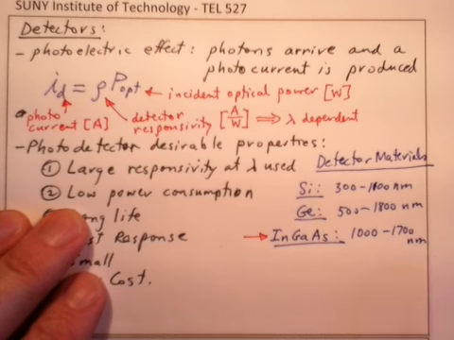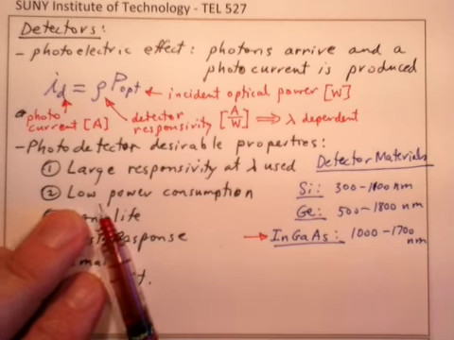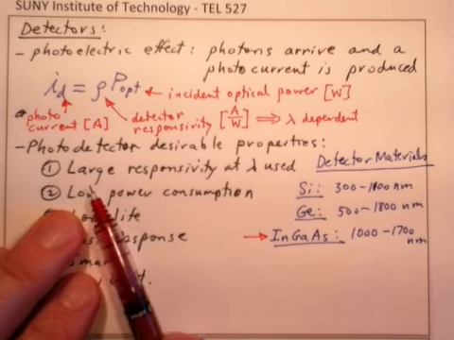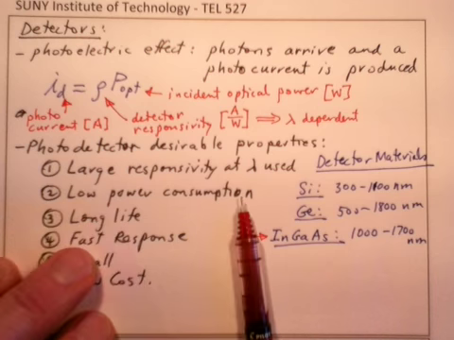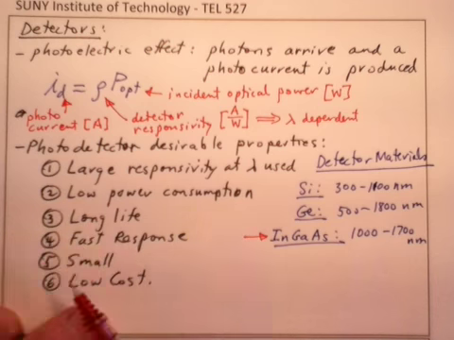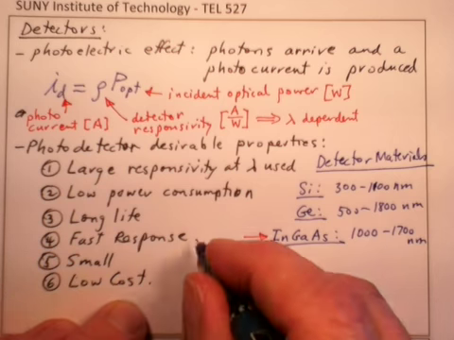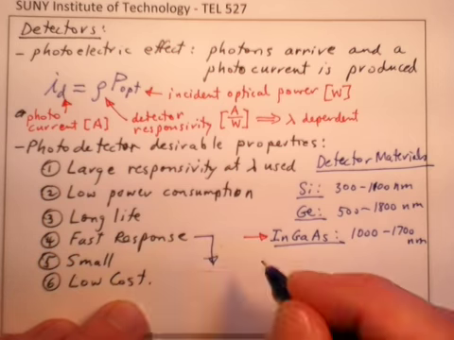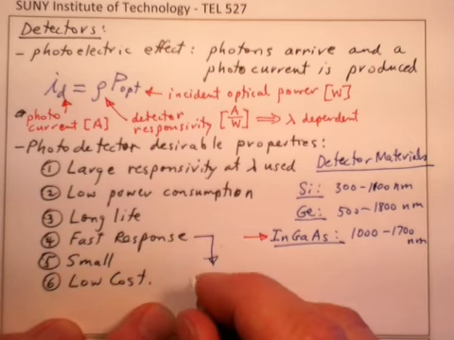We won't go into too much detail here in Chapter 1, though. Other desirable properties are a low power consumption for your reverse bias, a long life, fast response, small size, and low cost.